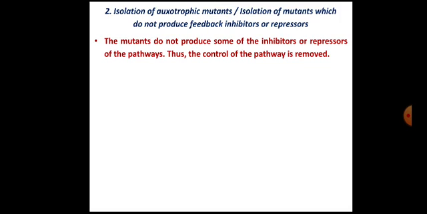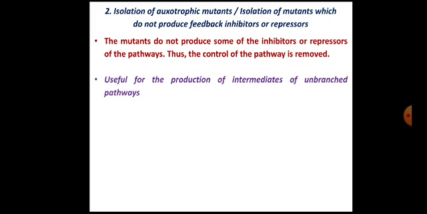That means they are responsible for limiting their own production, controlling their own production, which is called feedback. So in this type of modification, the control pathway is removed. That means if the organism is not producing inhibitor or repressor, then there is continuous production of microbial metabolites.